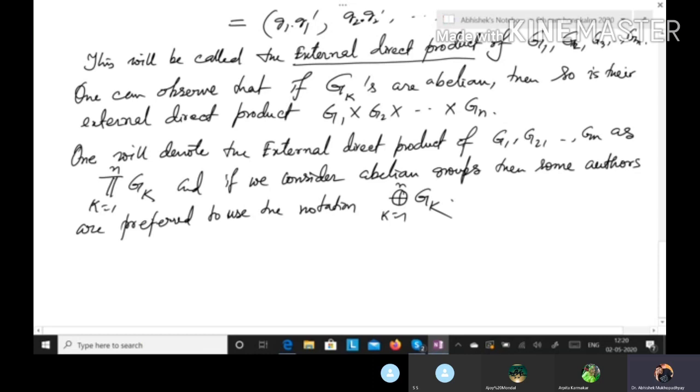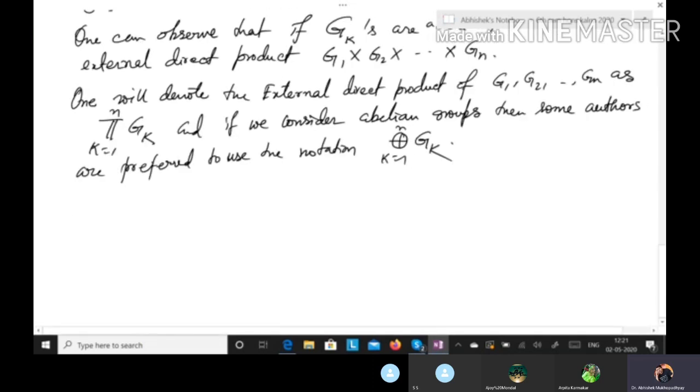That is the sum of G1, G2, Gn. So this notation is also familiar for direct products of abelian groups.